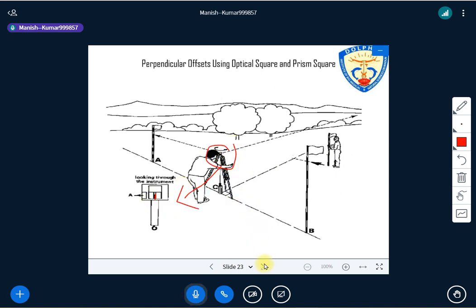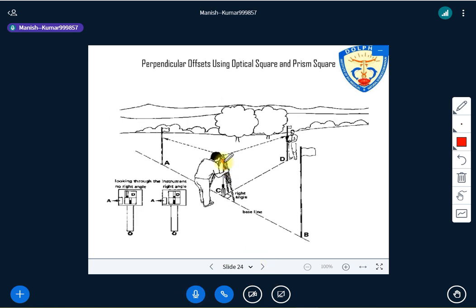Then he adjusts so that you get this kind of image in the instrument. If he is looking like that, then the instrument is not at the right angle.